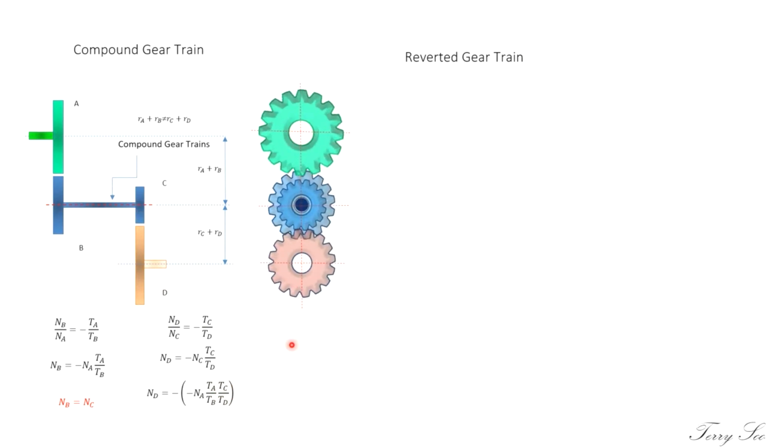But compound gears are affected. You can see the relationship between the last gear and the first gear is affected by the C and B teeth. So that is compound gear. Remember, the speed ratio is affected, but for a simple gear train it is not affected when you use odd or even intermediate gears.